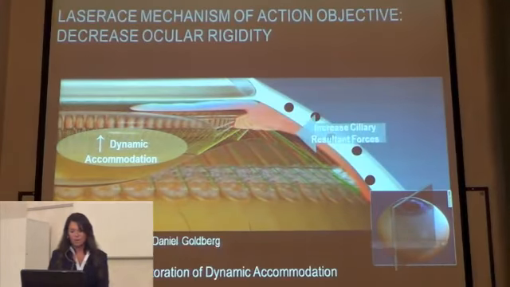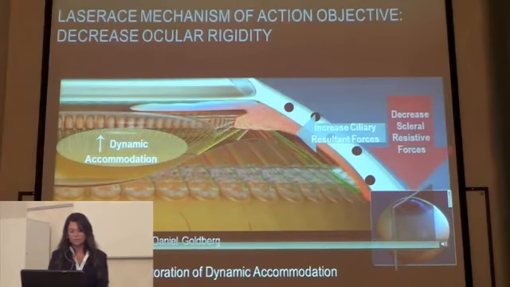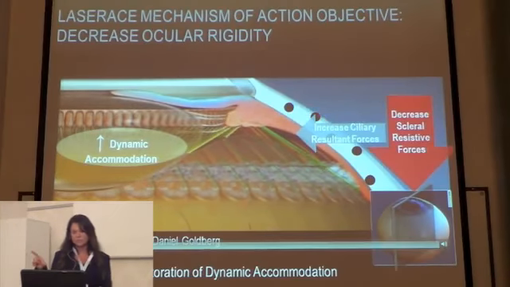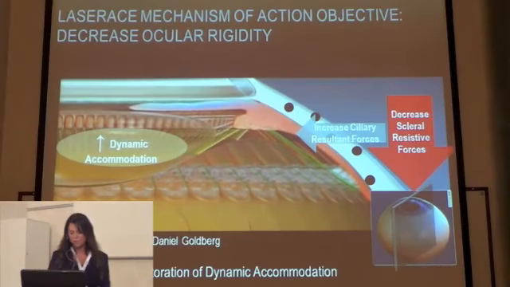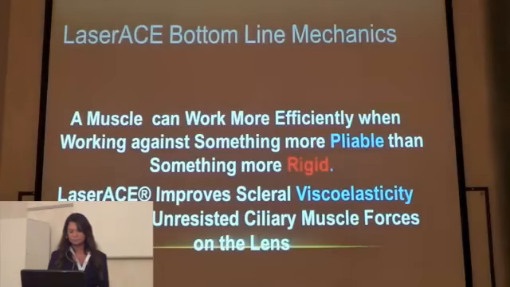So, bottom line is, if we can increase the ciliary forces by decreasing the resistive forces, we could get more power to the lens. And again, going back to Newtonian principles, a muscle can basically work more efficiently when working against something more pliable than something more rigid. And we believe that laser rays could improve scleral viscoelasticity, improving unresisted ciliary muscle forces on the lens.